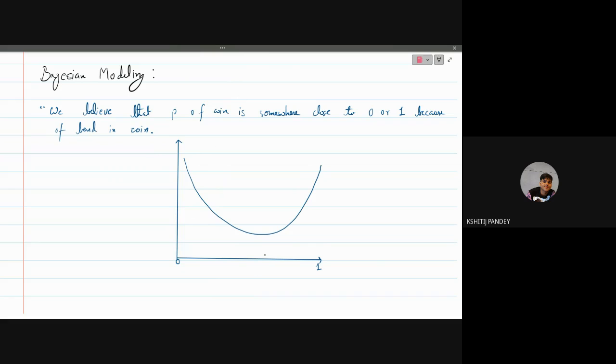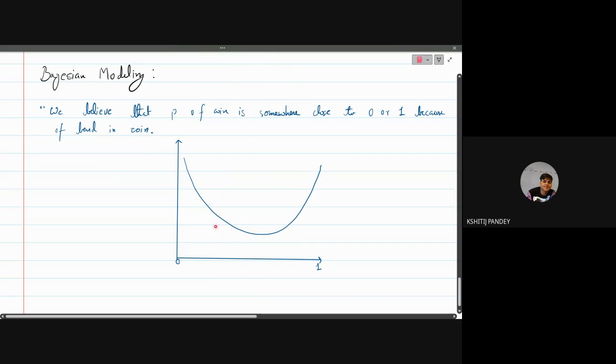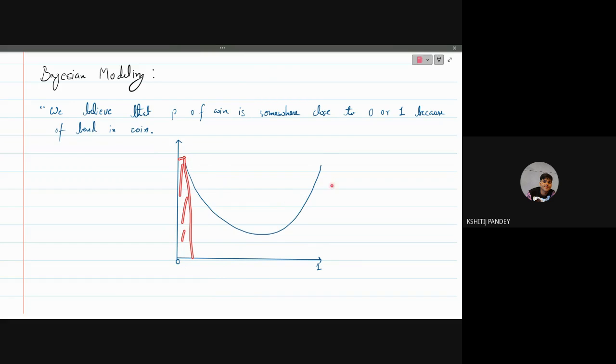For values of p close to 0, we have high probability, whereas for other values, you have lesser probability compared to when you have a value of p close to 0 or 1. So this is our prior belief about the distribution of p.